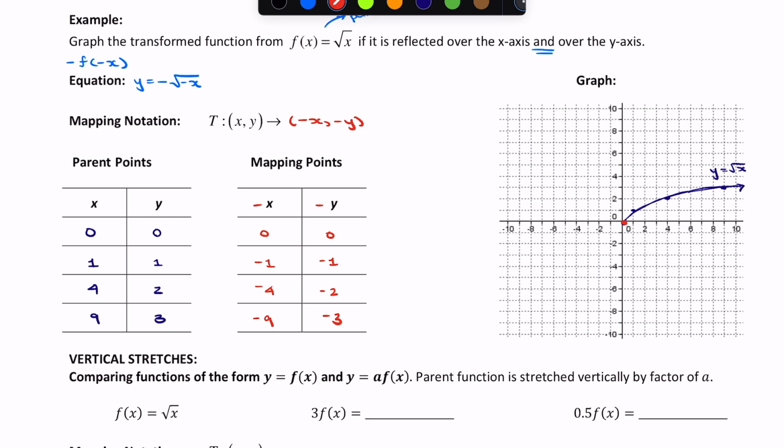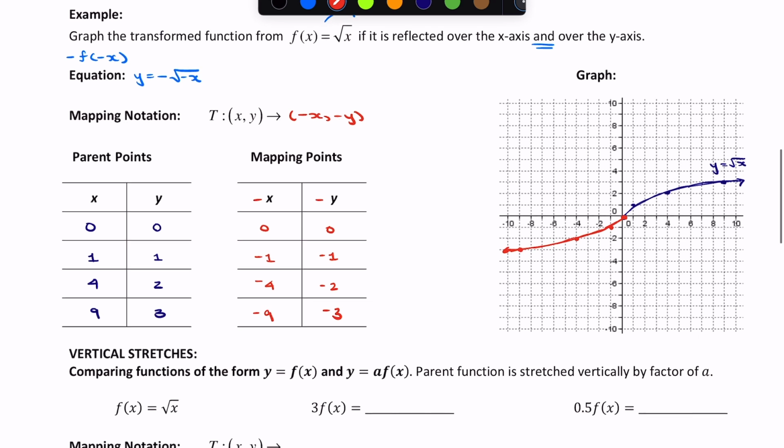Then we have -1, -1, -4, -2, and -9, and -3. And so that will be our function. Y is equal to negative square root negative x. That's our transform function there.